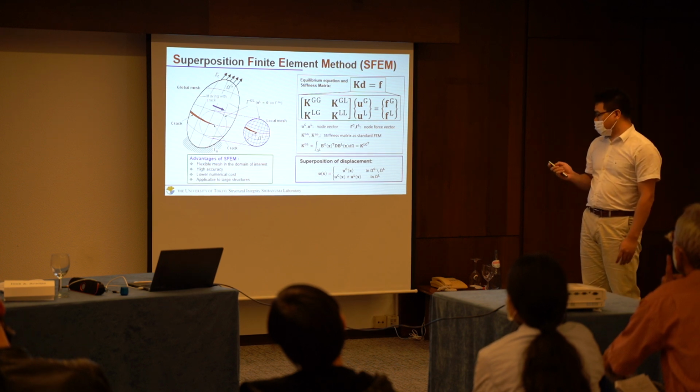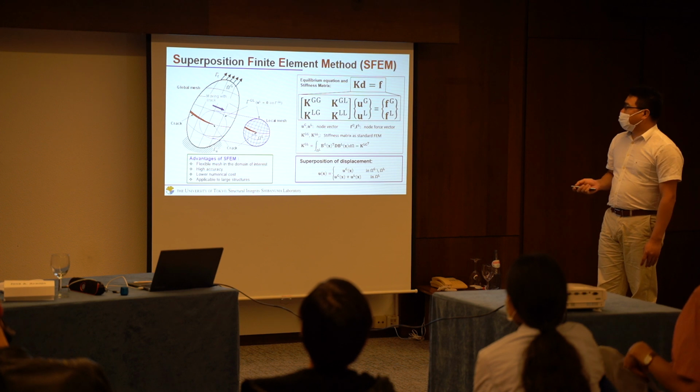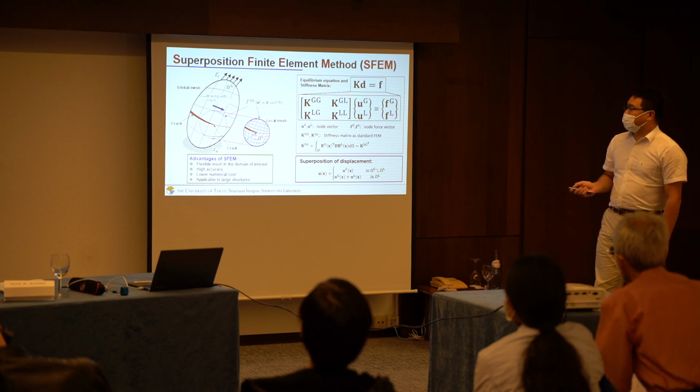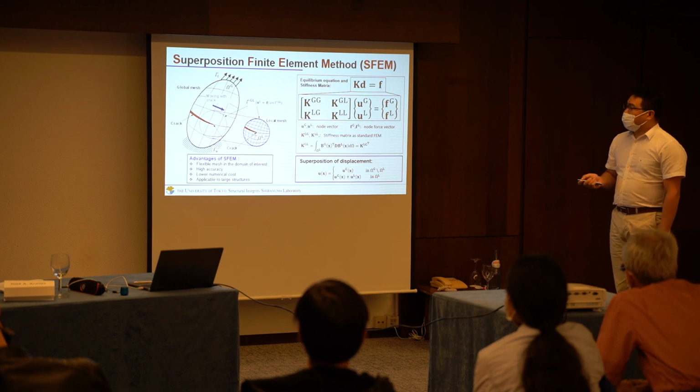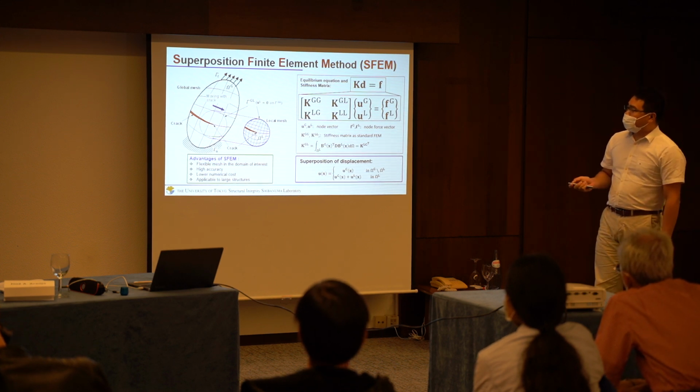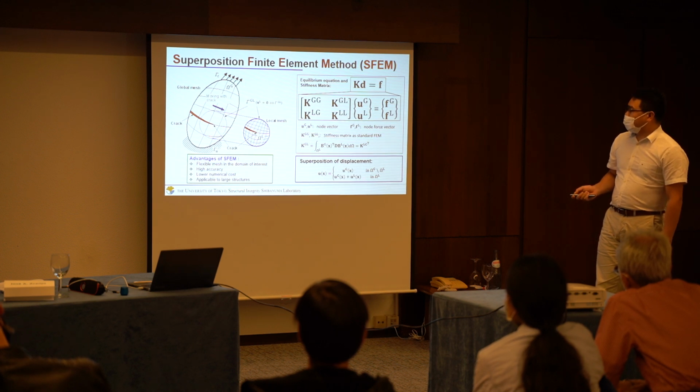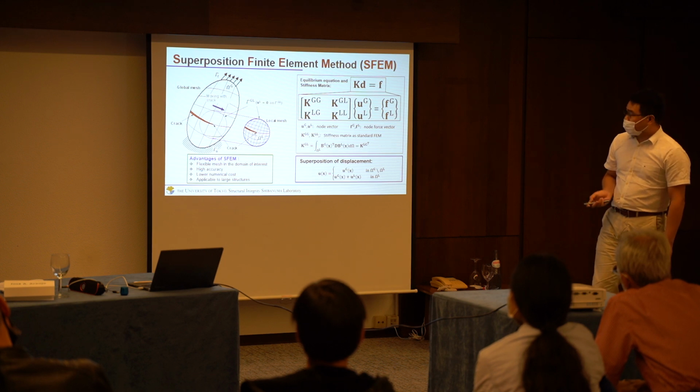And after solving this equilibrium equation, we get the displacement from the global mesh and from the local mesh. And here we perform the superposition. In the domain of the superposition zone, the displacement from the local mesh and the global mesh are superposed. And outside of the superposition domain, we only use the displacement from the global mesh.